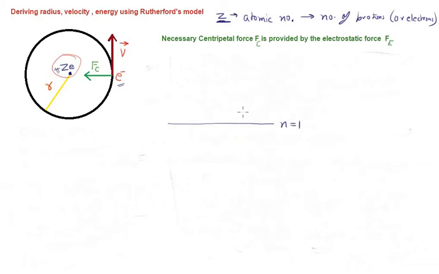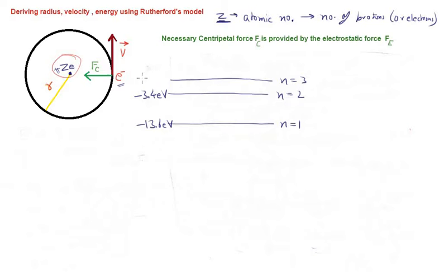This is n equal to 1, n equal to 2, n equal to 3, and we know that this level is minus 13.6 electron volt, this is minus 3.4 electron volt, this is minus 1.45 electron volt, and we know that the gap is going to decrease as we rise higher and higher. Okay, so this is the first orbit of electron, second orbit, and the third orbit.